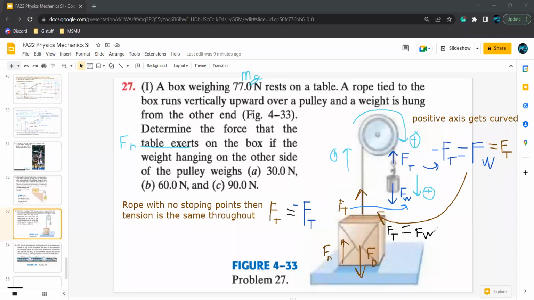So that means we can solve for every tension in this box. And we're solving for normal force anyway, so we're fine. And it's all in the y-axis.